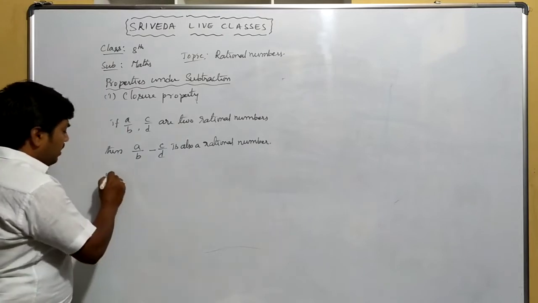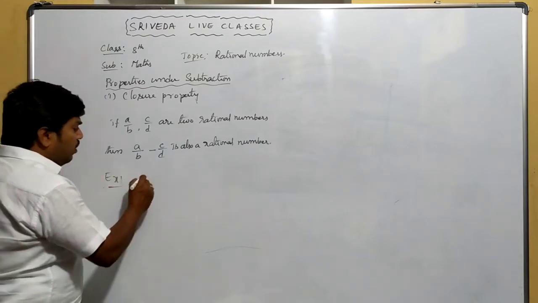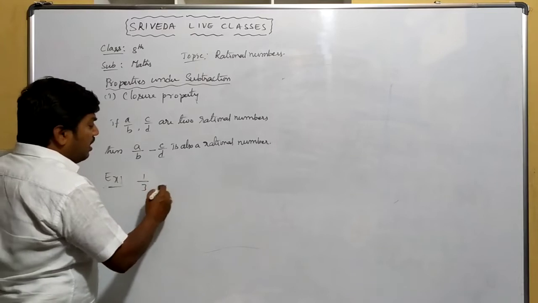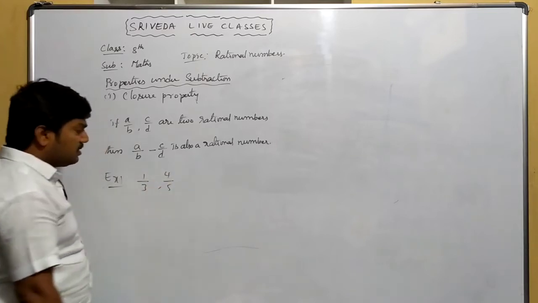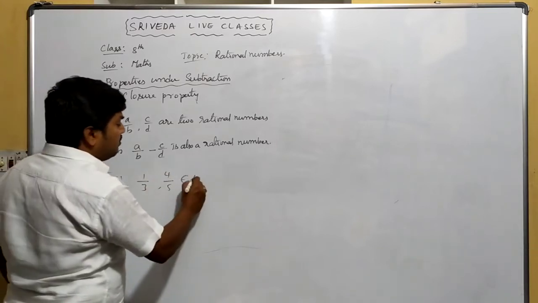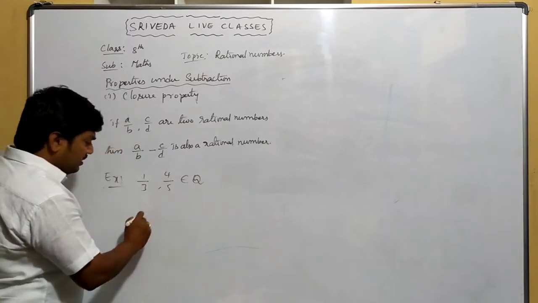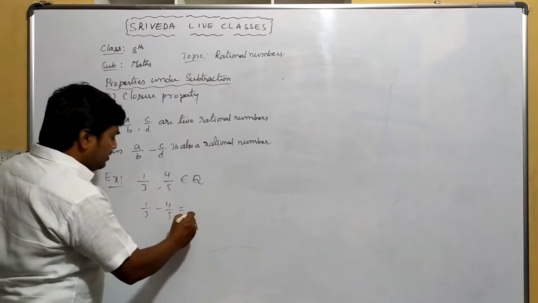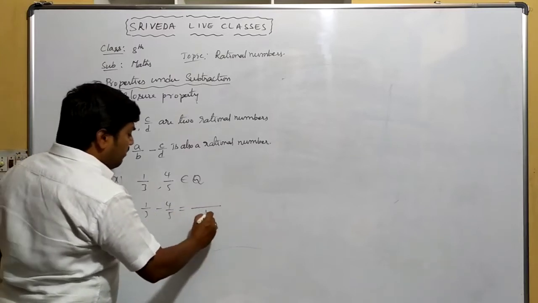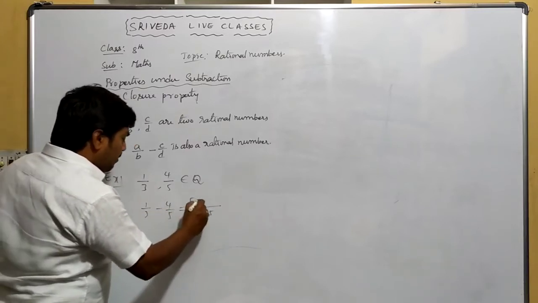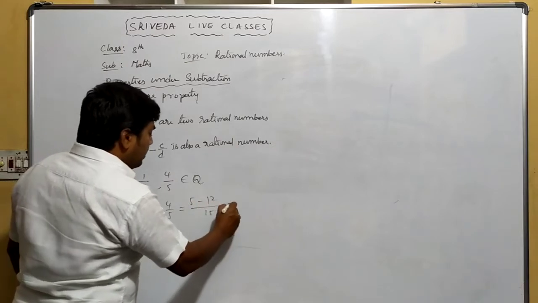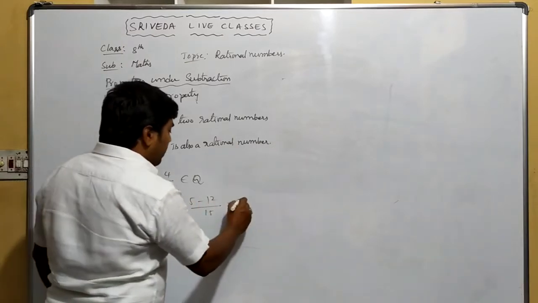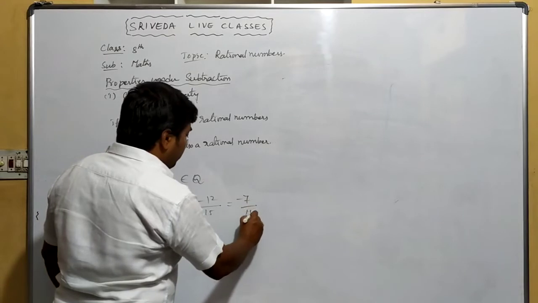For example, if you take 1 by 3 and 4 by 5, we are taking two rational numbers. What is the difference? 1 by 3 minus 4 by 5. 3 5s are 15, so 5 minus 3 4s are 12, that is minus 7 by 15, right?